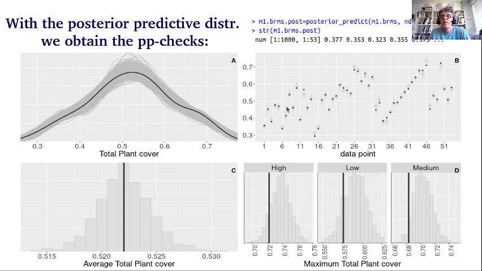We see that for most of the points, with few exceptions, the model is able to predict the observed values very well. If we now ask how well the model predicts the maximum plant cover, depending on the level of primary productivity, we see that the model is less able than for the other features we have just shown to predict the observed maximum value of plant cover for different levels of primary productivity.